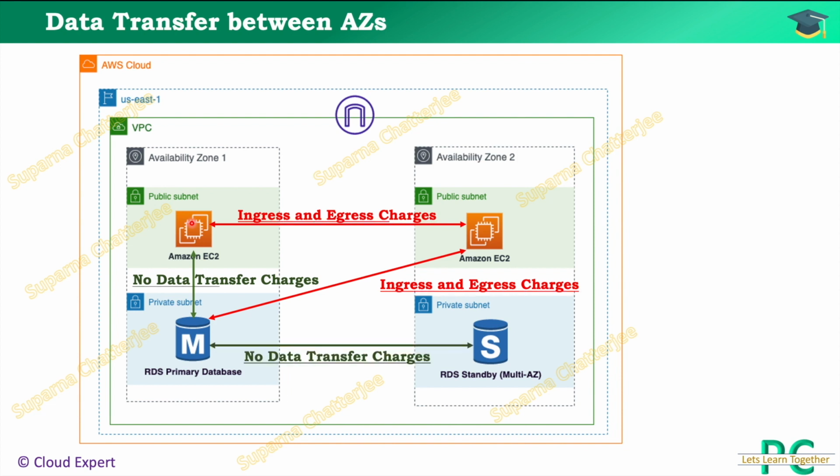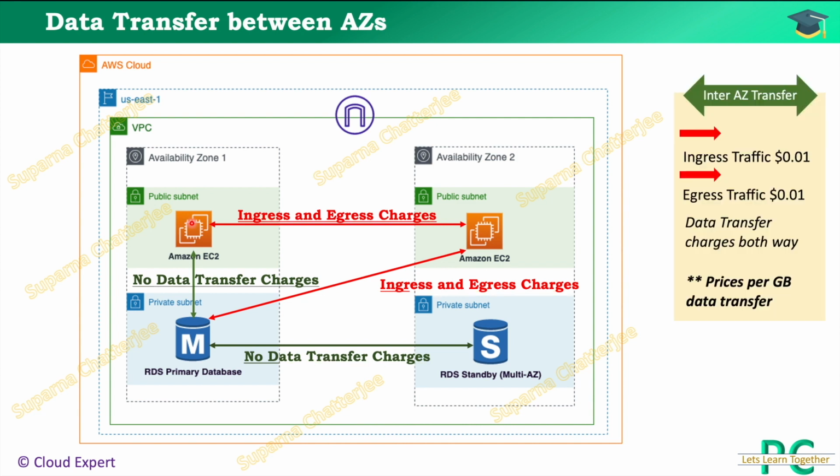Although both the nodes are in different availability zones and RDS is transferring data across availability zones, you are not paying any ingress or egress data charges for this synchronization. That is part of the RDS feature. To summarize, for inter-availability zone data transfer, you are paying for both ingress and egress traffic, and the data transfer charge is 1 cent per GB of data transfer.